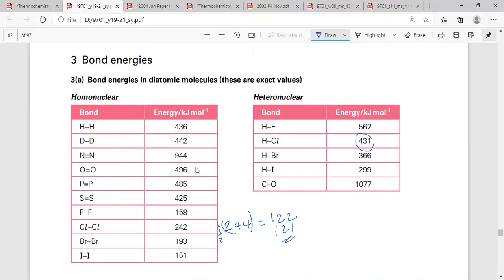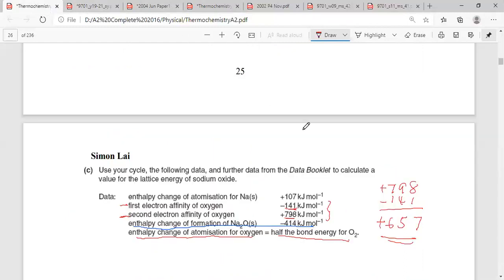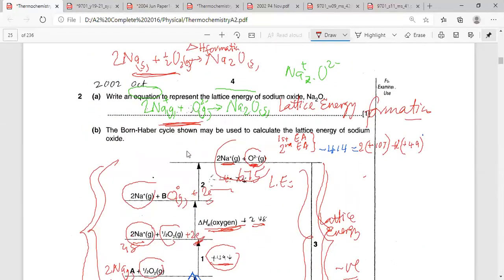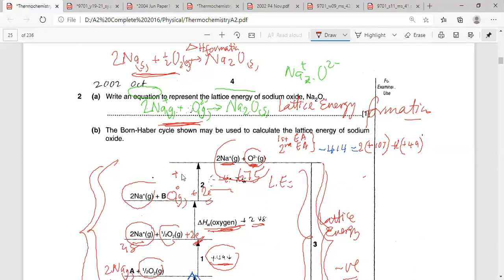So to form 1 mole of O gas, 596 divided by 2 is positive 298. Okay, positive 298, because 1 mole here. So going up, plus positive 298.